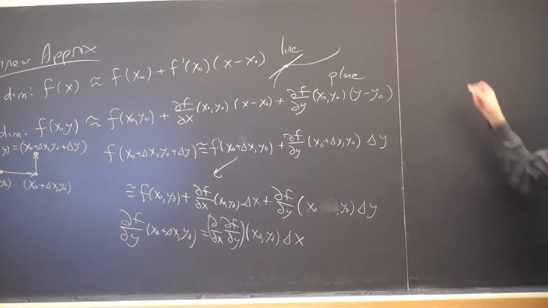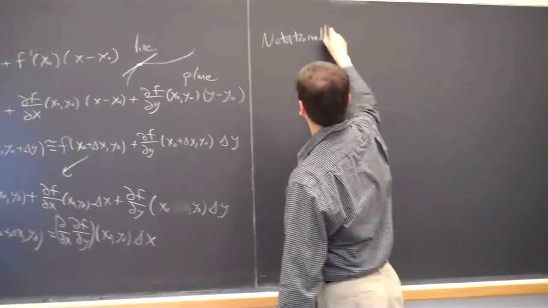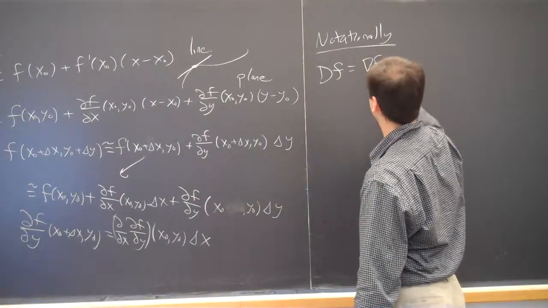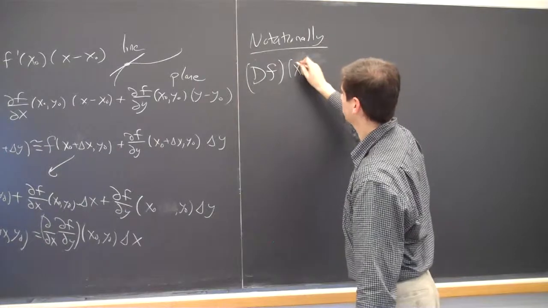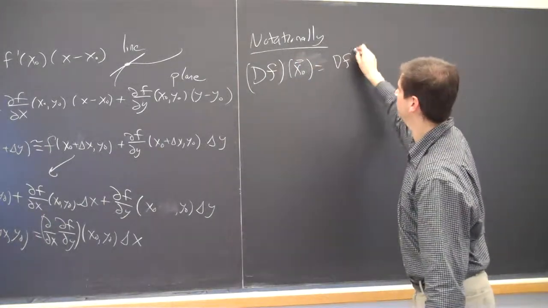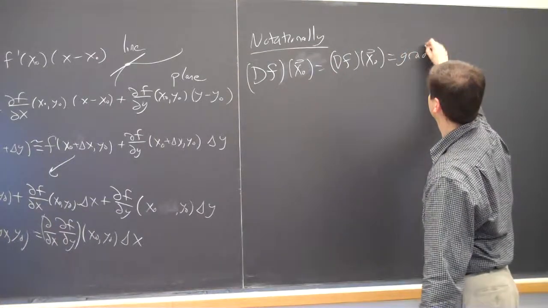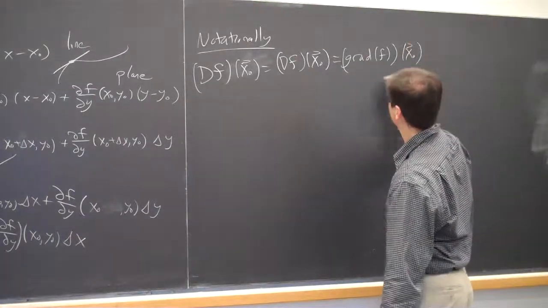So notationally, we often write the following. We have df equals triangle f. Okay, I'll do it at the point x naught. Triangle f at x naught is the gradient of f at x naught.